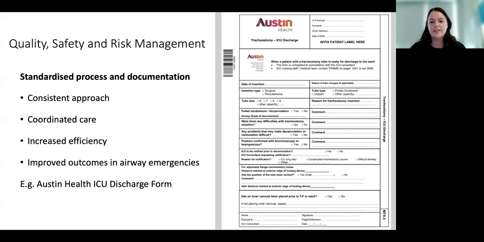So when a patient's discharged from our ICU with a tracheostomy, the form's completed. It ensures very clear, concise, and accessible documentation about the patient's tracheostomy, from insertion and tube details to complex or high-risk alerts, and also includes whether ICU consultant notification is required for planned decannulation. It really optimises that collaboration and continuity of care.